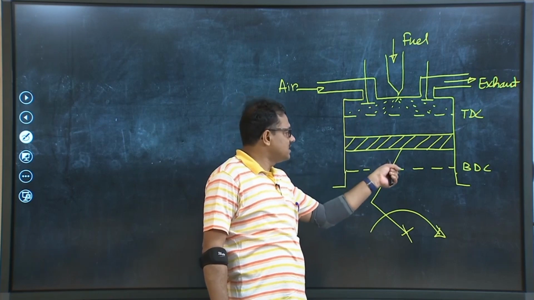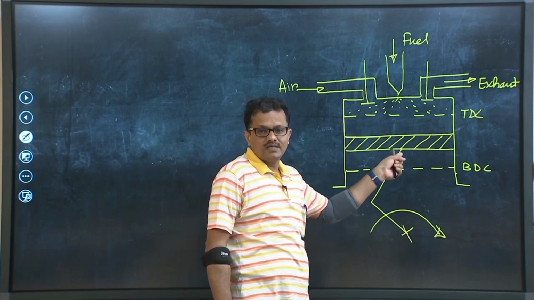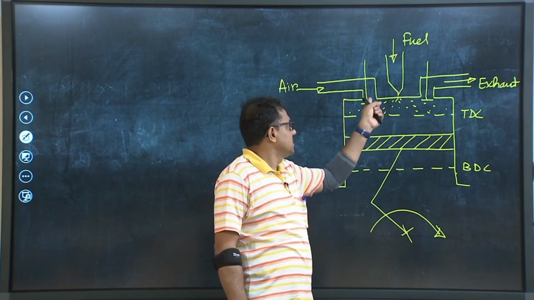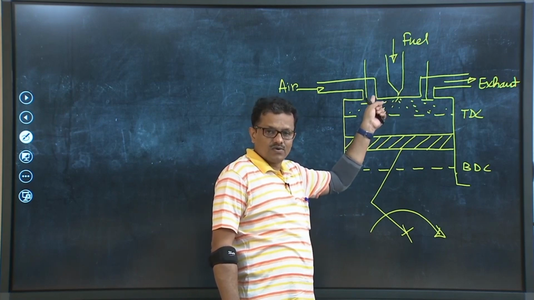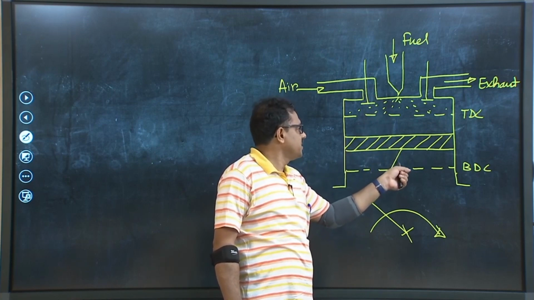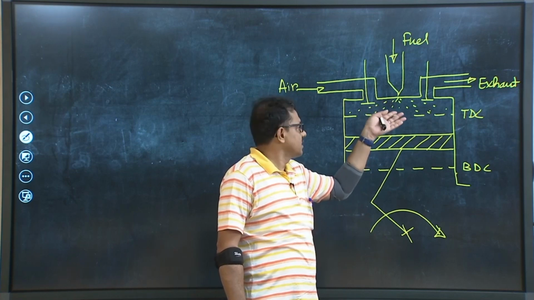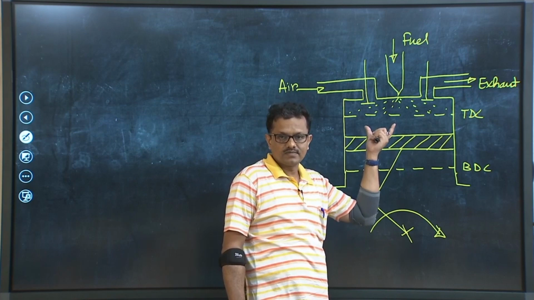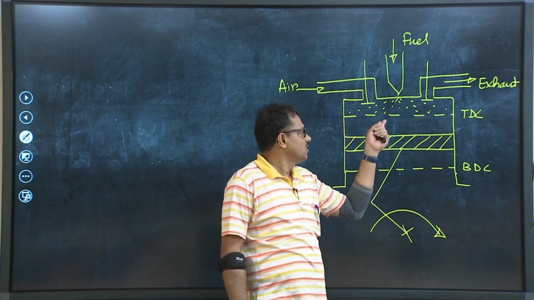When the piston is at BDC at the end of the intake stroke, the exhaust valve is already closed and the intake valve is now closed, and the piston travels from BDC to TDC, and the air drawn into the cylinder during the intake stroke is now getting compressed. That is the compression stroke.